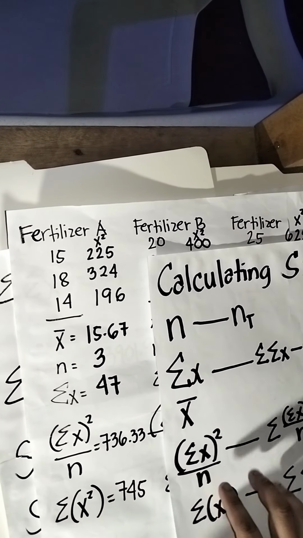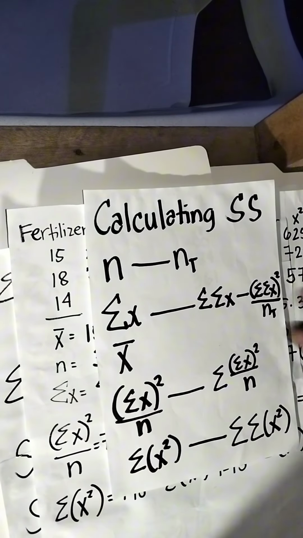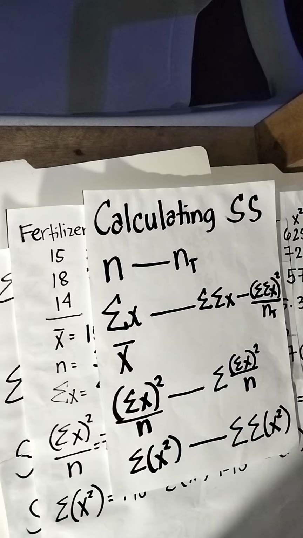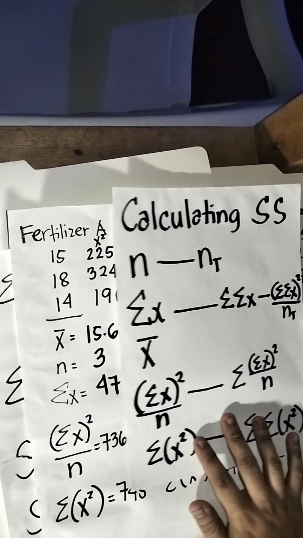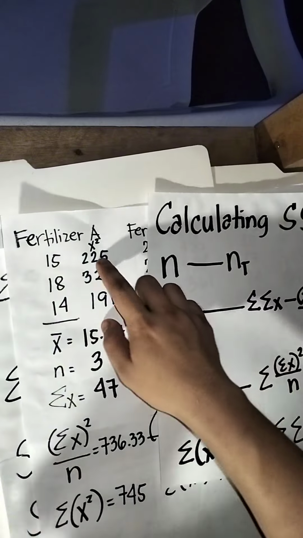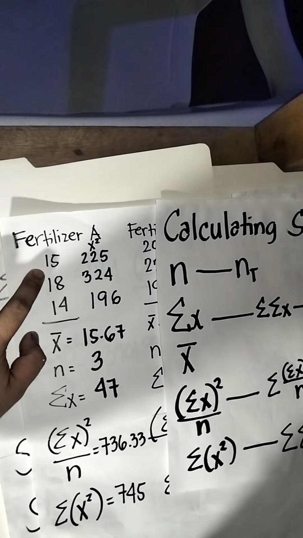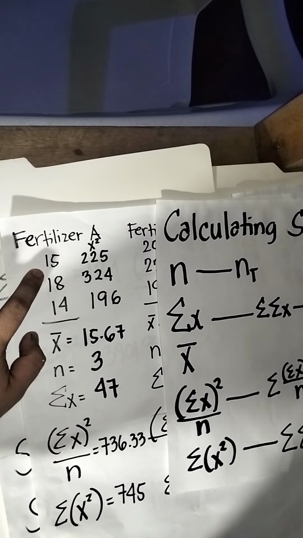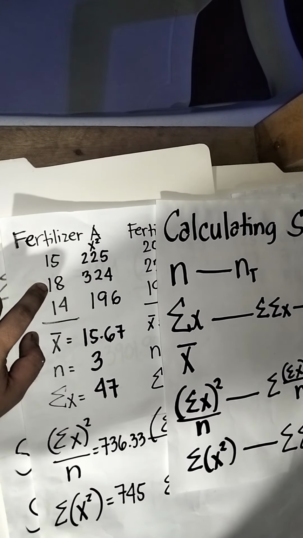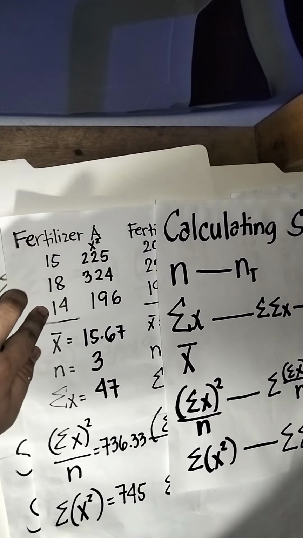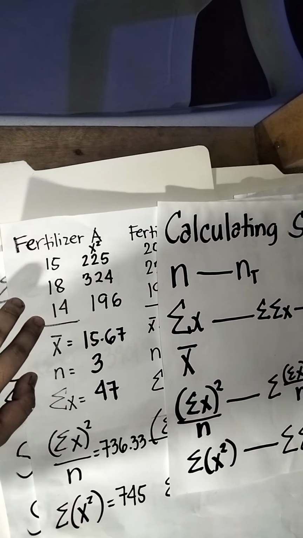Okay, now, we also get the summation of x square. So, sir, asa man nato kuwaon ng x square? In this variable, in the data that is provided here, do we have the x square? Now, we don't have. So, unsa may ato buhatan? This is our x. We square the x. So, pila man ang square sa 15? 15 raised to the power of 2 is 225. 18 raised to the power of 2 is 324. 14 raised to the power of 2 is 196.